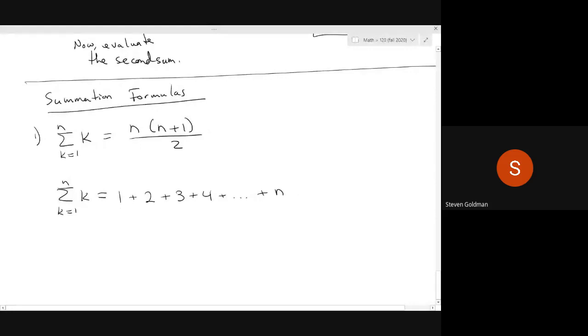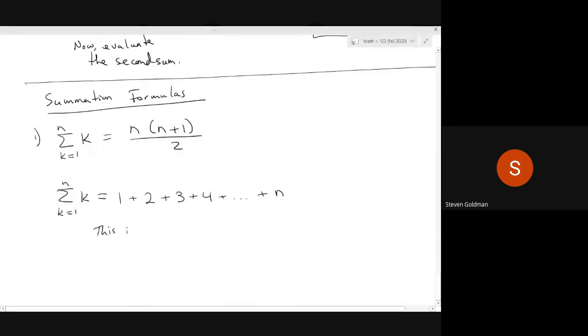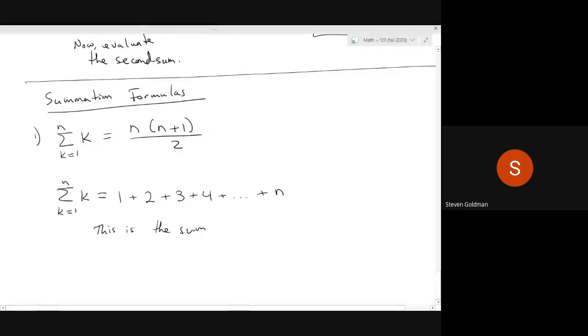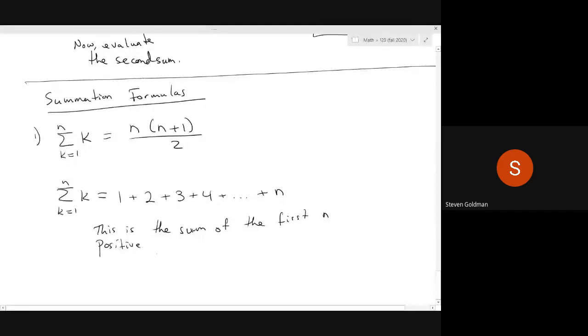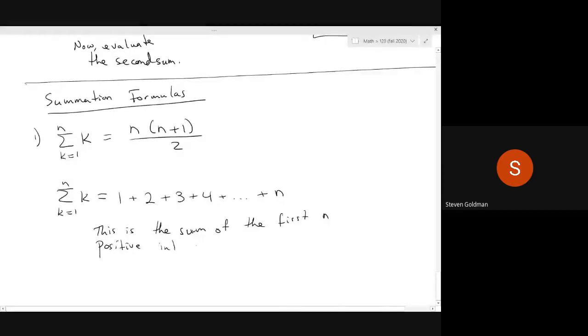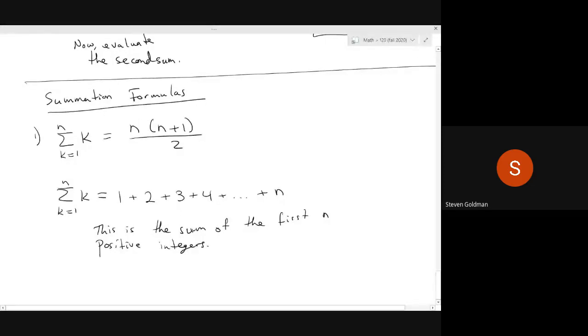So this is the sum of the first n positive integers. Okay, it's the sum of the integers from 1 through n. So that sum is actually just equal to n times n plus 1 divided by 2. So you don't have to sit there adding them all up. You can just use the summation formula.